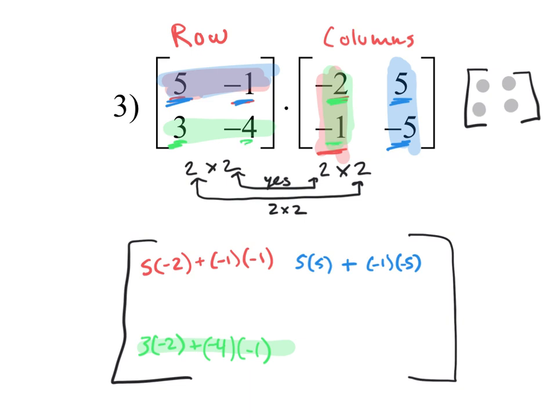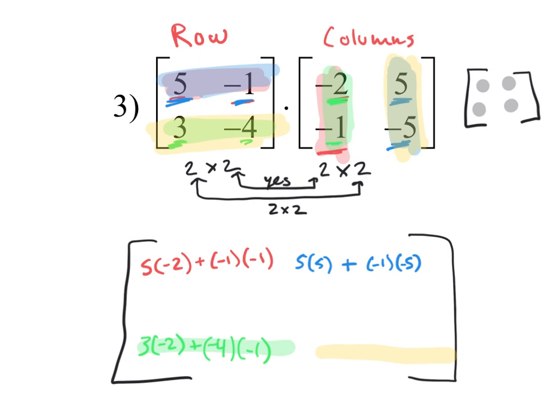All right, and then what's last? Are we looking at the first or second row in our first matrix? Second, and then the first or second column in our second matrix? Second. So second row, second column.